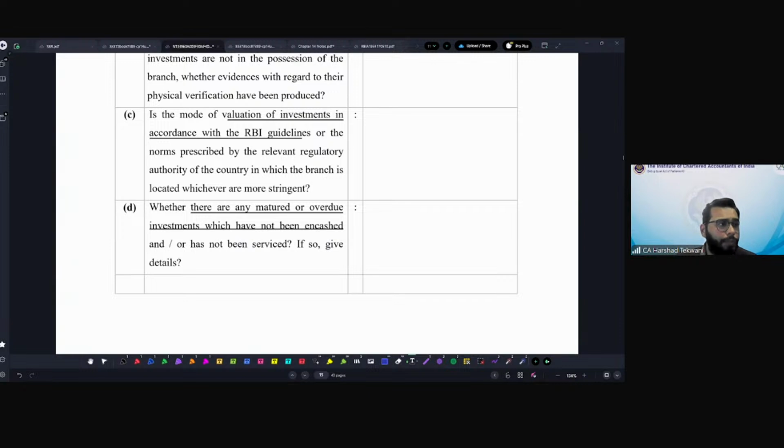If I just show you an example in the financial statement, these kinds of classifications are also reported in the financial statement.